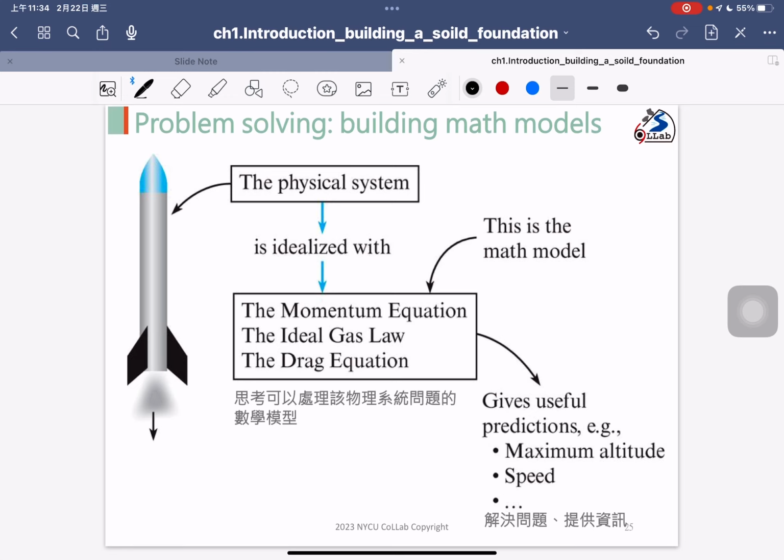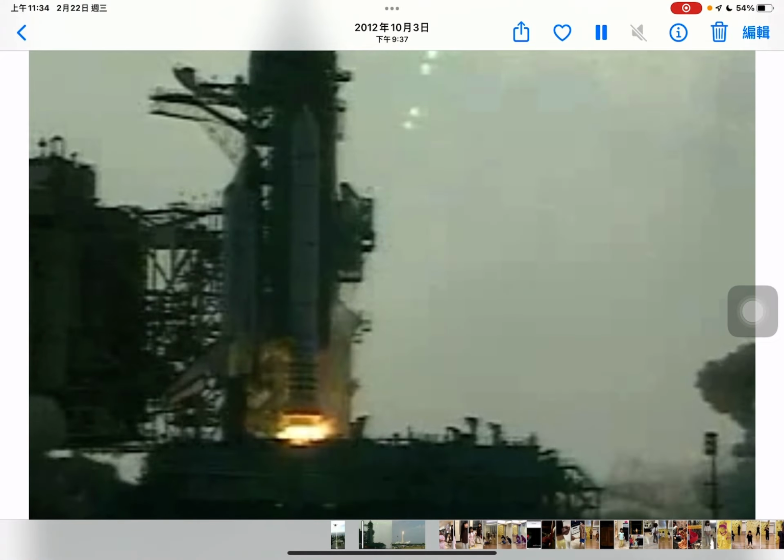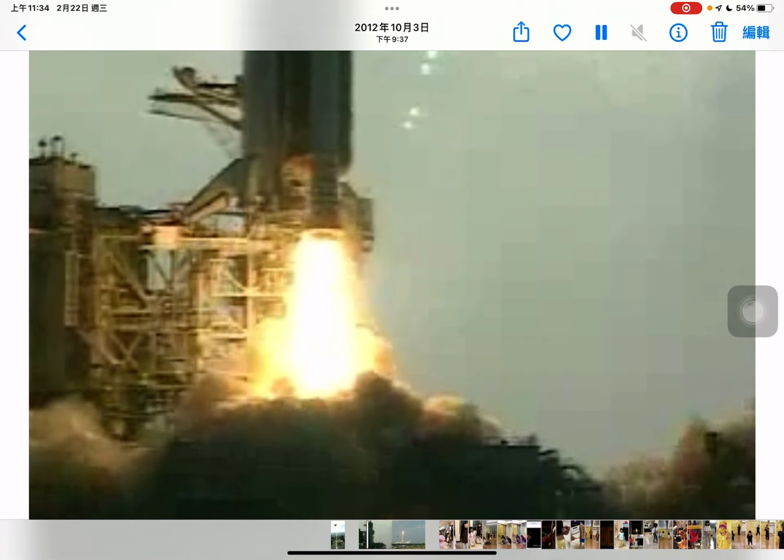Okay, so it's almost our final exercise, and I'm trying to explain how we can build a mass model. Okay, how can we build a mass model? So this is a rocket.